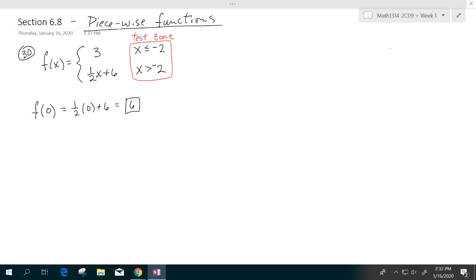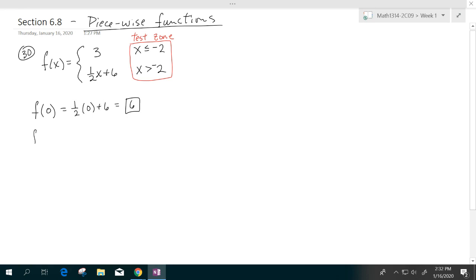That's not true. Is 0 greater than negative 2? So if this is true, that's what you do. And I made it rhyme. If this piece is true, that's what you do. Got it? And like the movie Highlander, there can be only one answer. Only one of these pieces will be true.